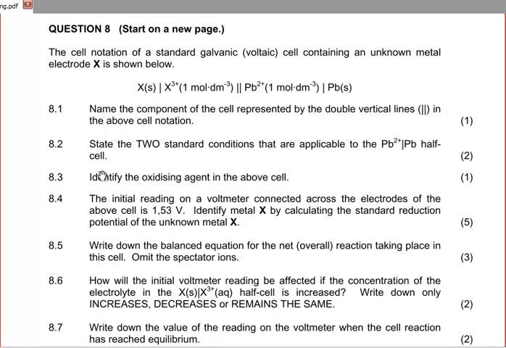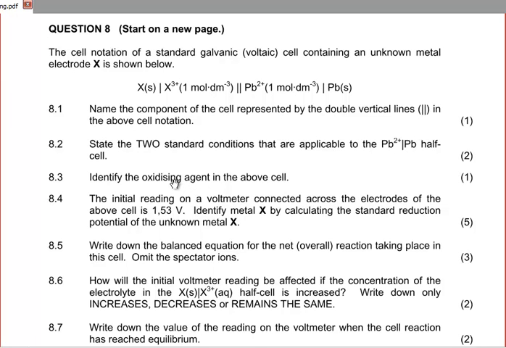Then question 8.3 says, identify the oxidizing agent in the above cell. First of all, we need to define what an oxidizing agent is so that we can identify it in our cell.